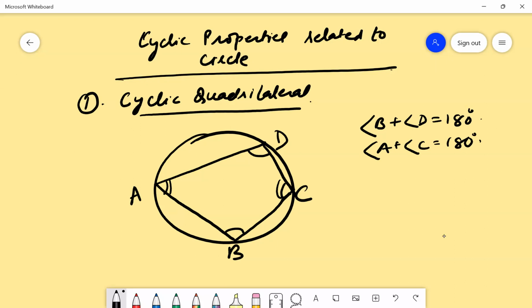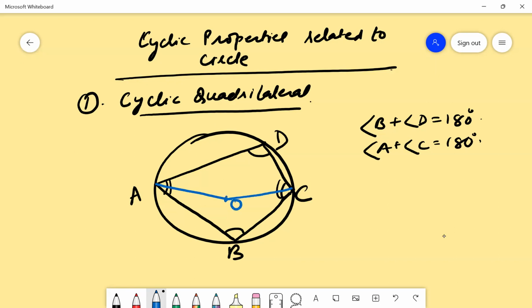You should join the center O with 2 points. Suppose I take the center O at this place. Now I'm joining A and C with the center.